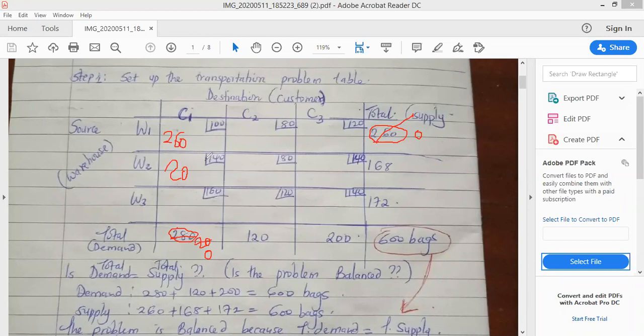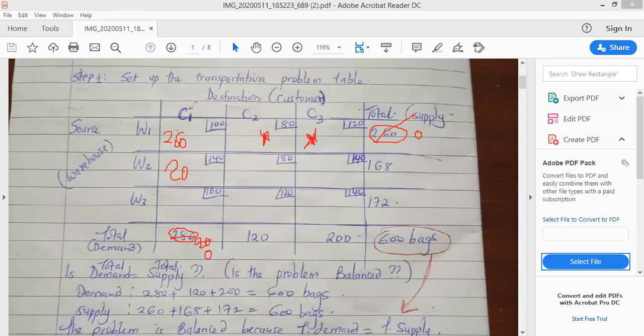If you go back and look at this, the moment we assigned the 260 to cell W1C1, it means we exhausted the source W1 units, and so these other cells here are going to be empty cells. There's nothing we can assign there.